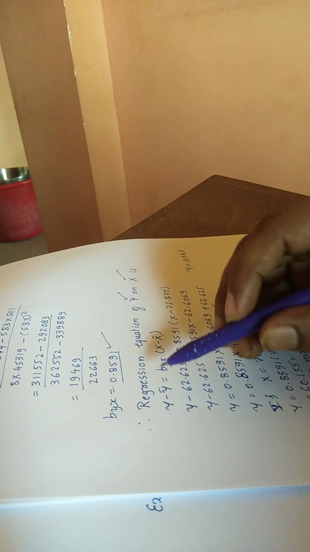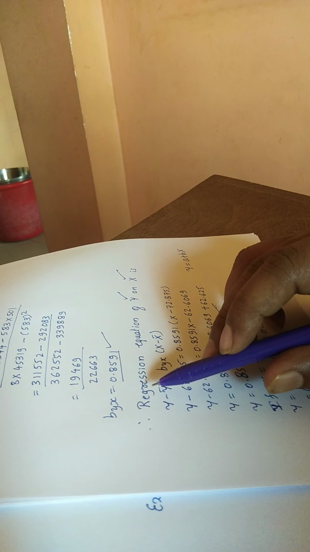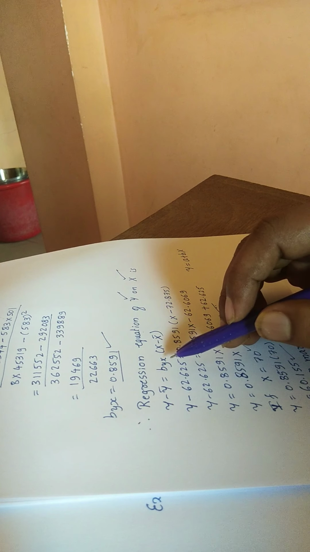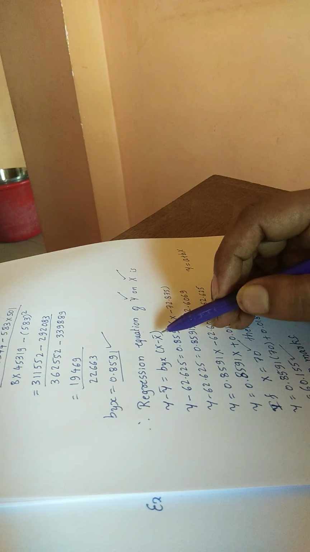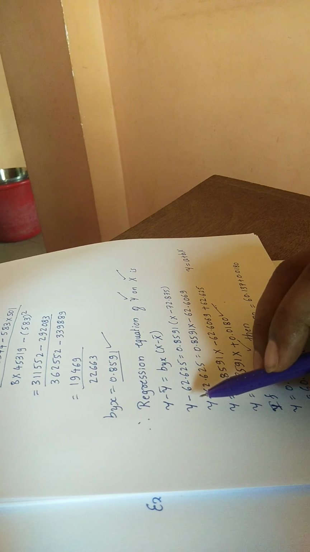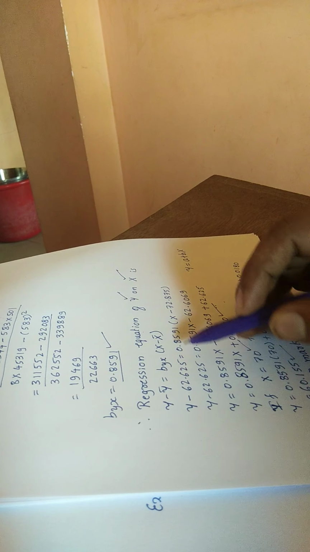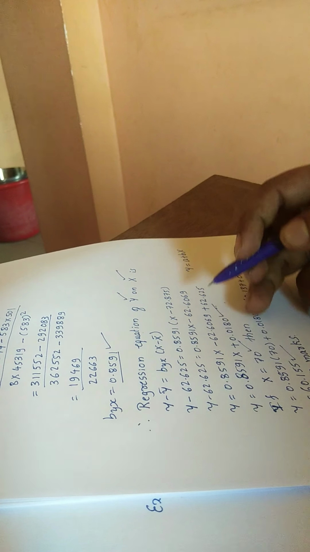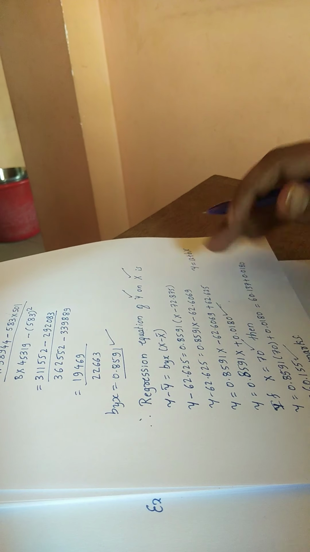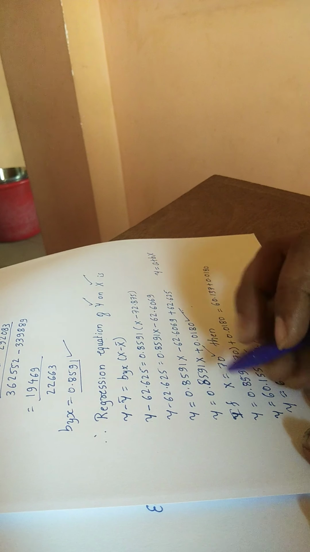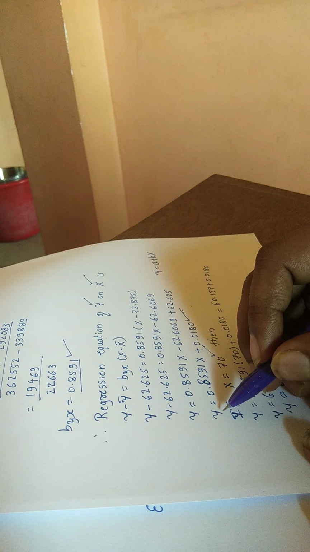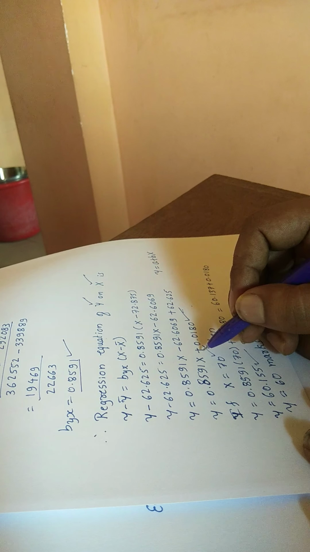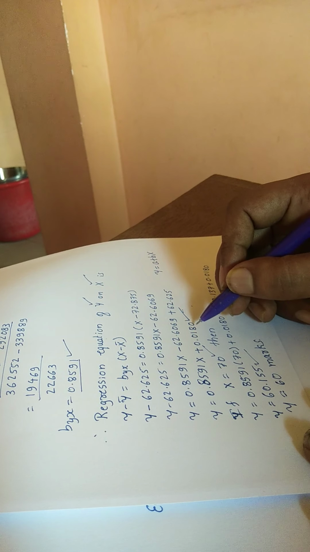Now the fitting of the regression model: the regression equation of y on x is y minus y bar is equal to byx into x minus x bar. So y minus 62.625, and the calculated values we have substituted here. After further simplifying this equation, we arrived at the last equation, which is y is equal to 0.8591x plus 0.0180.